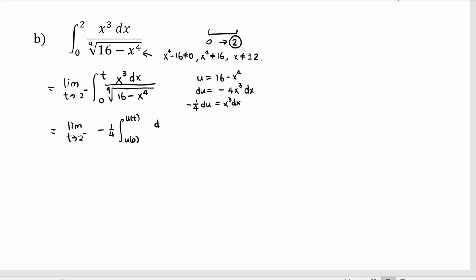Here we have du over the square root of u. So let's make it into the standard form. The standard form is u to the negative 1/2 du. So how do we integrate that?